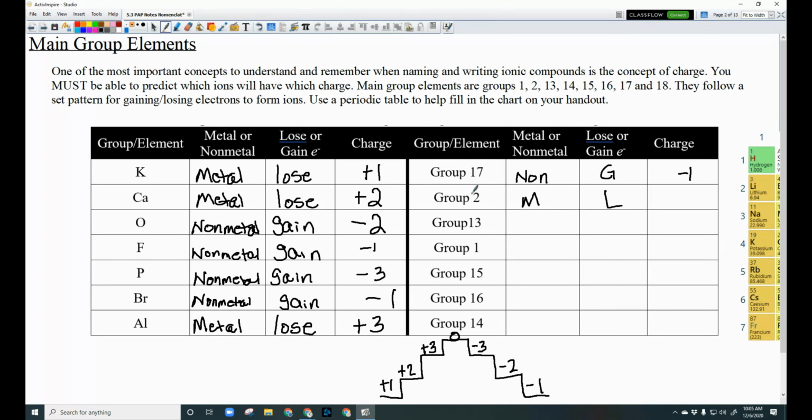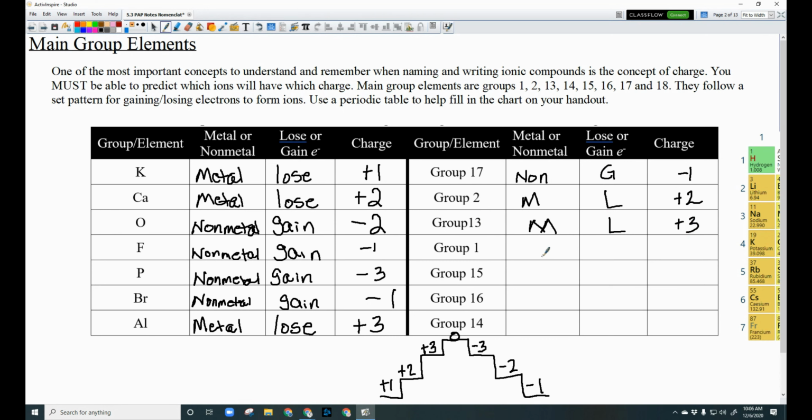How many? 2 electrons. So they'll have a +2 charge. Group 13, metals. So if they're metals, they're going to lose electrons, and they have 3 valence electrons, so they will be a +3.